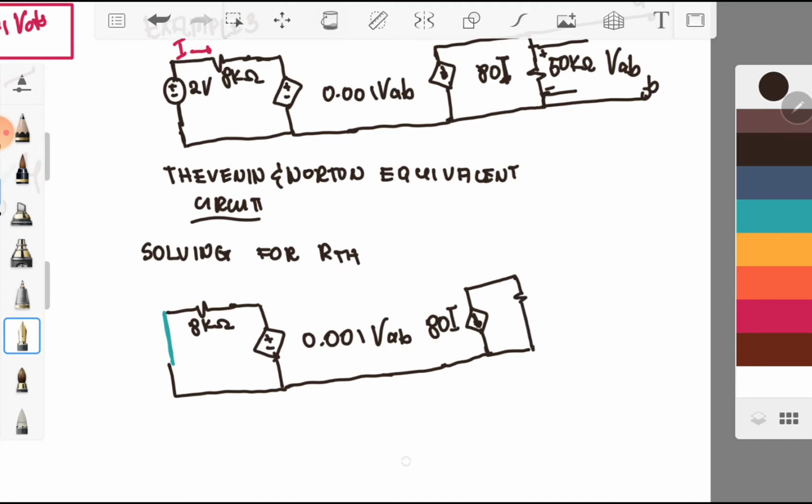Actually, pwede natin i-source transform to. Okay? But basically, no. Okay? This is your AB. Actually, we can take this terminal out and then we will source transform it.